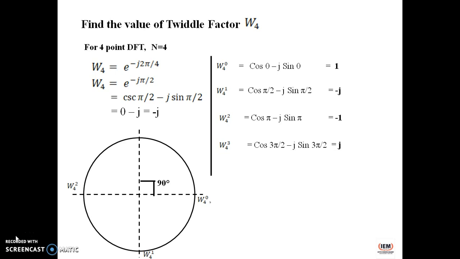Also find the values of capital W04 to capital W34 using the cos theta, sin theta formula. So now write the values in the circle. The most interesting part is that, as I previously mentioned, this Twiddle factor is a periodic phase rotation factor.